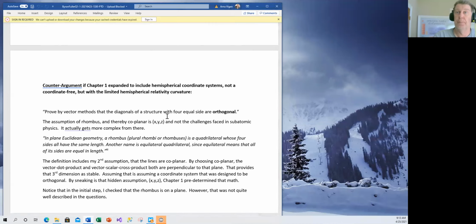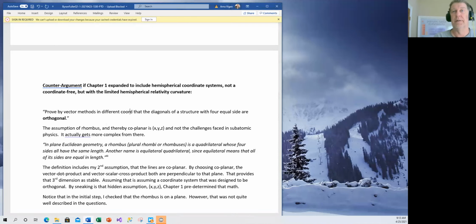That's the question. A structure with 4 sides equal. I didn't say the coordinate system, and I want this done in every, I probably should say in different coordinate systems. That's what I get.